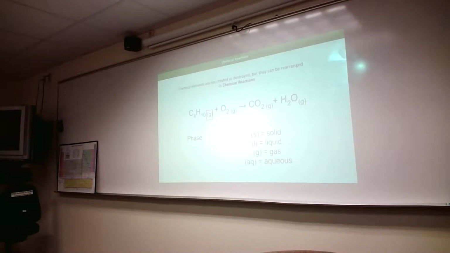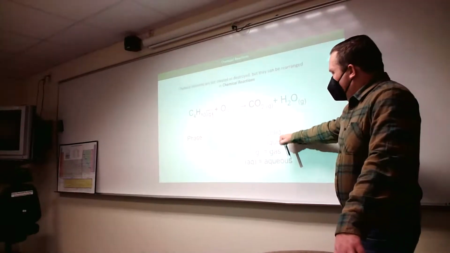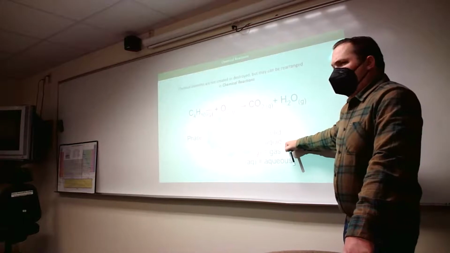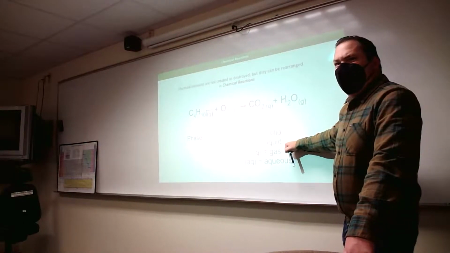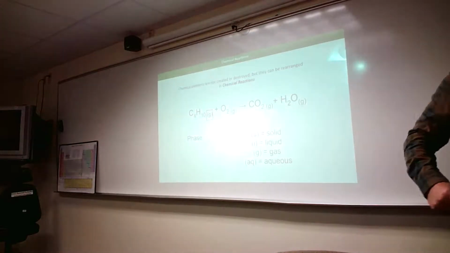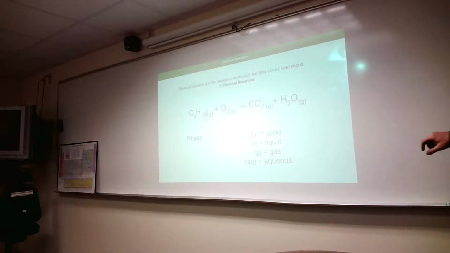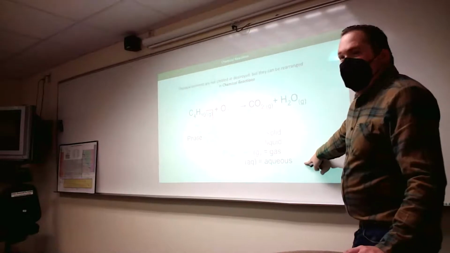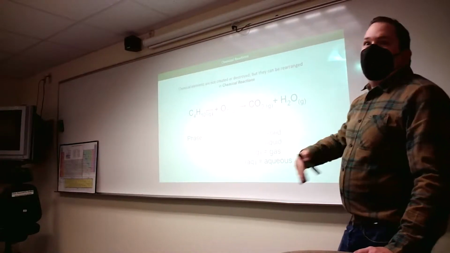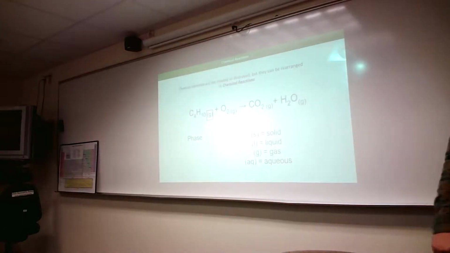And so we have actually 4 phases that we're going to list here that are really commonly abbreviated. Solid, liquid, gas, all pretty self-explanatory. Explanatory or explanatory? What's the difference between aqueous and liquid? Aqueous means it's dissolved in water. Ah. So water is the most common liquid that we use to make solutions.